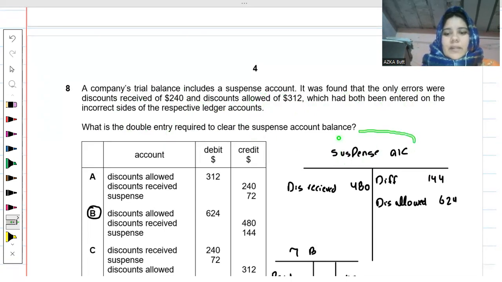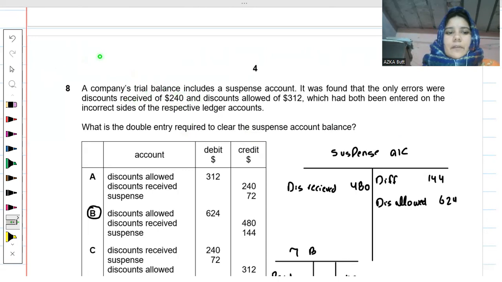So I am just opening the suspense account here, as you can see. Okay, so what is the double entry required? Basically this discount received should be credit, but it was mistakenly debited by us, 240. So now we have to credit the discount received, but with the double amount.